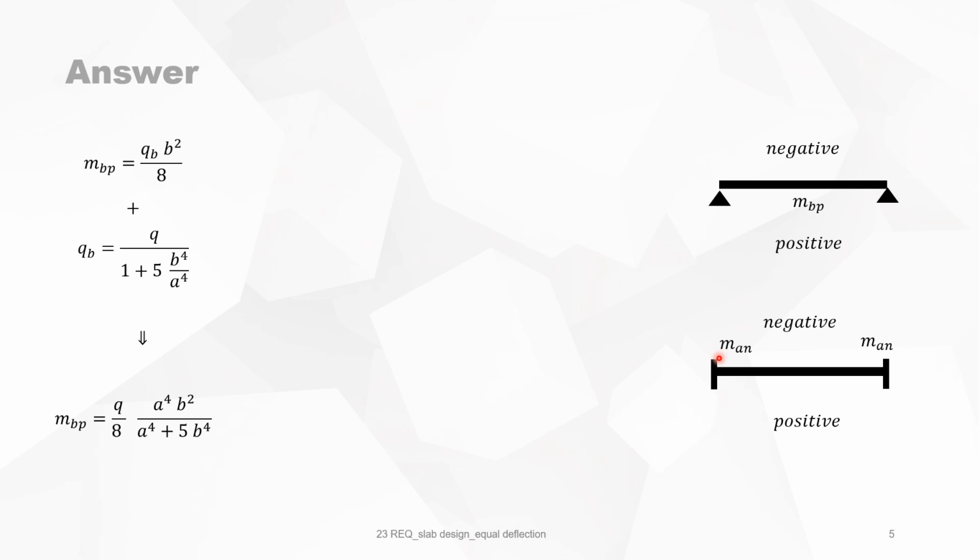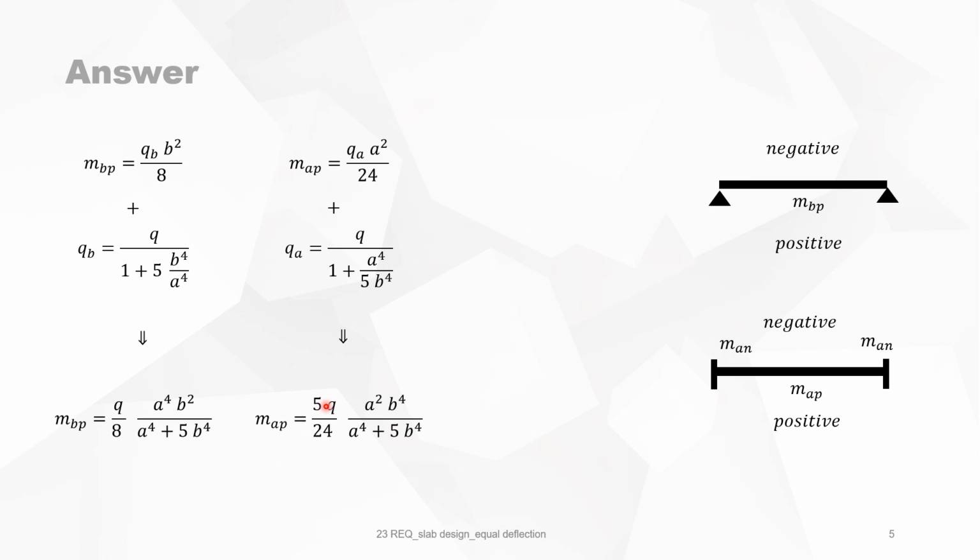And you see that the bending moment in direction of A is negative on this side, and MAN is on this side, and MAP is the positive bending moment in the direction of A. So MAP is QA a squared over 24, plus the formula for QA, the part of the load that is carried in the A direction.